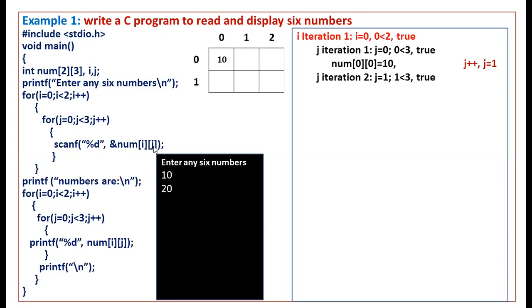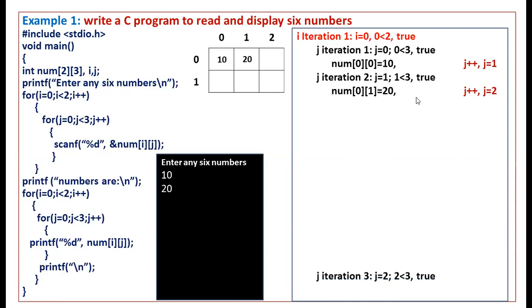Only j is incremented here. J is 1. Num of 0, 1. 20 will be assigned to num of 0, 1, that is row 0, column number 1. Here the 20 will be stored. J will be incremented by 1.